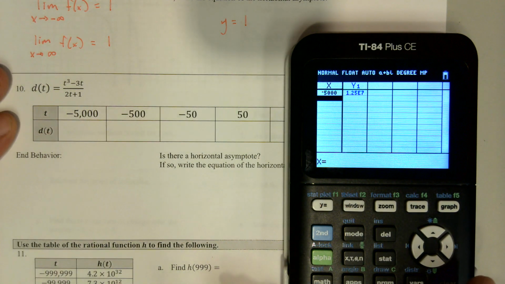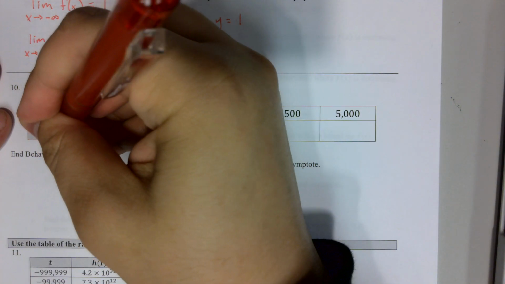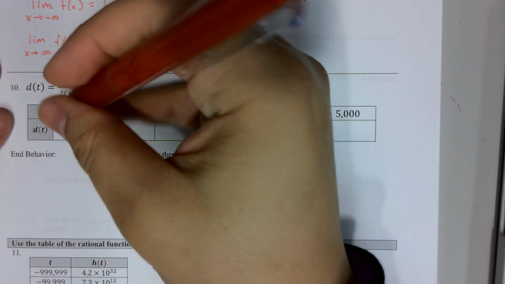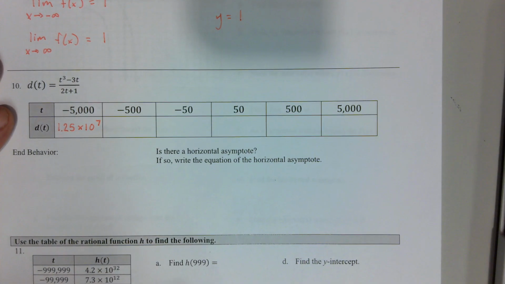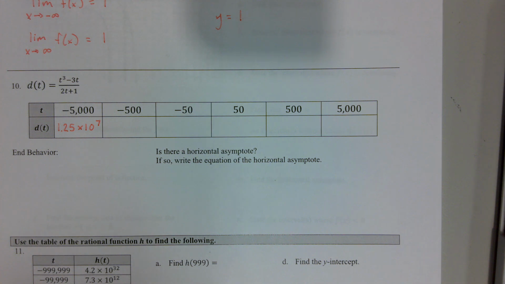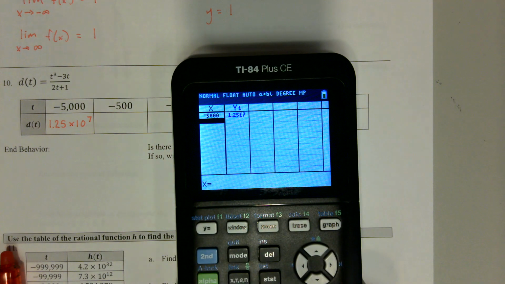1.25 E7. What does E7 mean? That means times 10 to the 7th power. So this is scientific notation, if you haven't seen this before.